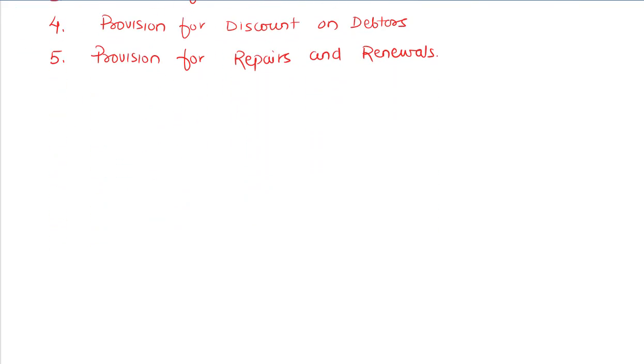Why do we make provision? What is the objective of provision?